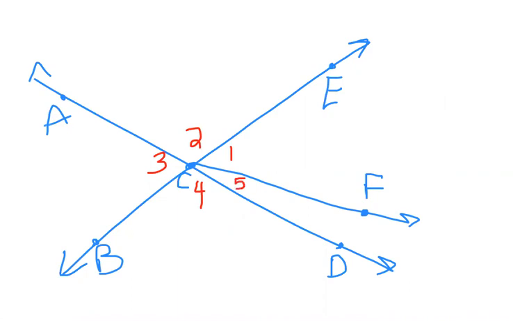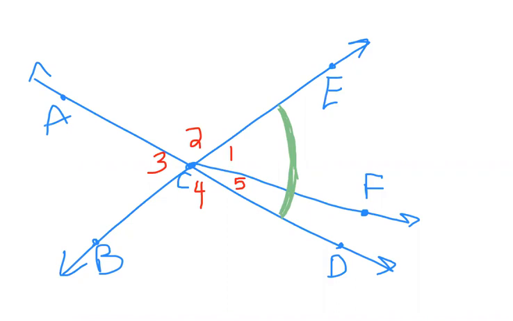All right, how could I name this angle, this one here that I'm highlighting in green? How would I name that angle?